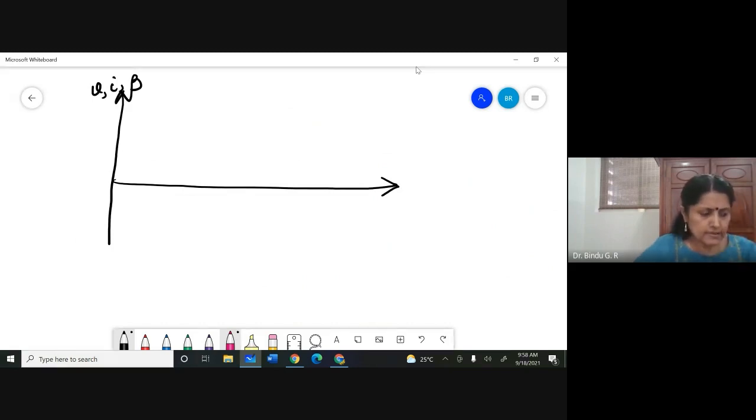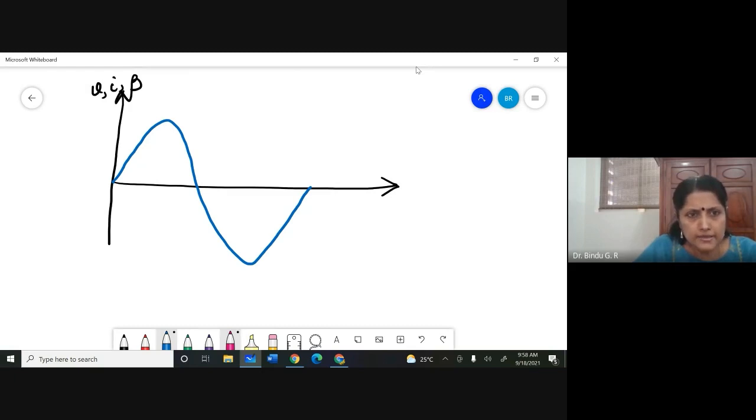Suppose I draw the voltage as a reference. I have always taken voltage as a reference. So I'm taking this. This is 0, pi, 2 pi. I need pi by 2 as well, isn't it? I need these points as well because when I draw, the current is lagging behind.